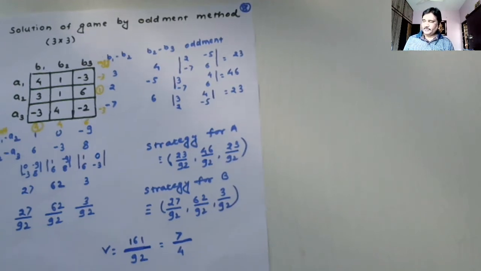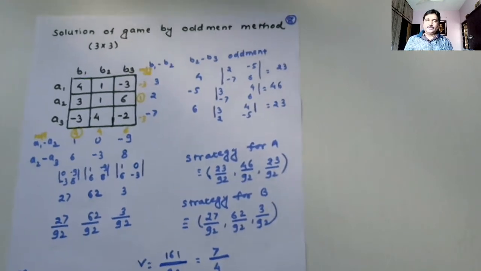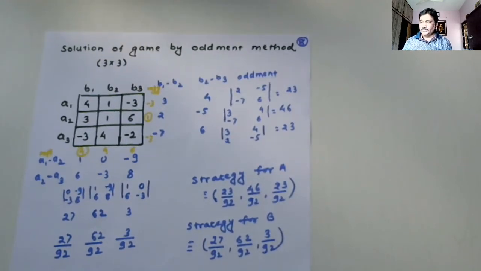So there is another method. Now, by now, you must have got fed up of a specific method for various dimension payoff matrix. We had for 2 by 2 the arithmetic or algebraic method, for m by 2 or 2 by n, we had the method of subgame and graphical method, and for 3 by 3 we are having the augment method.